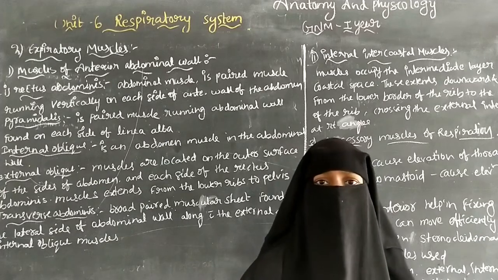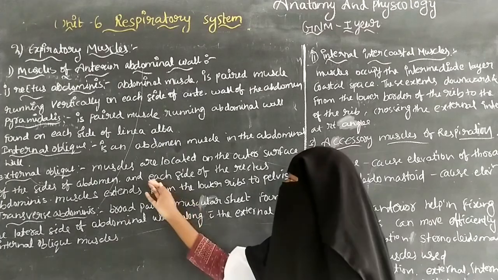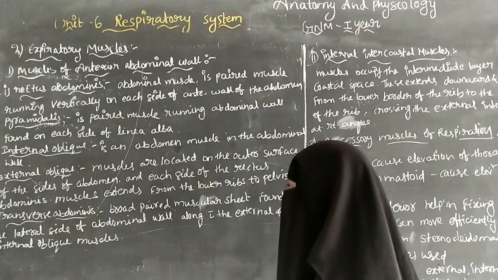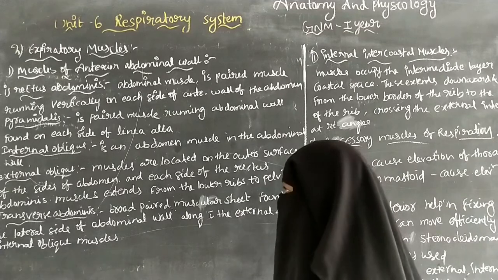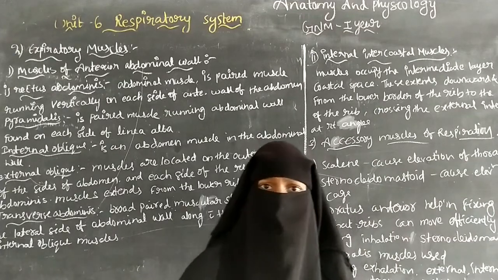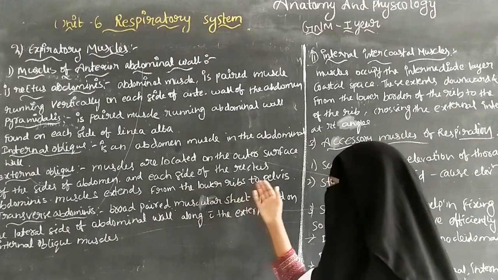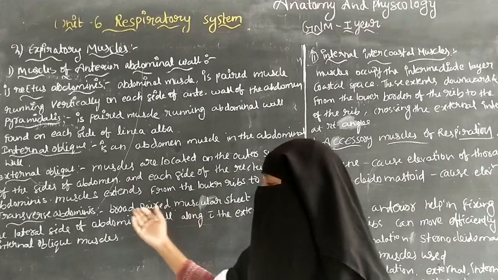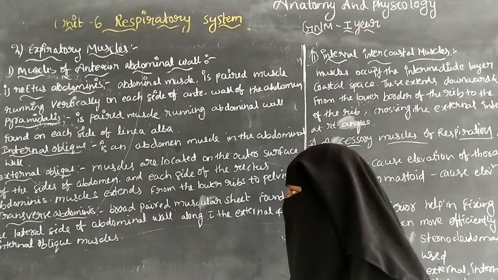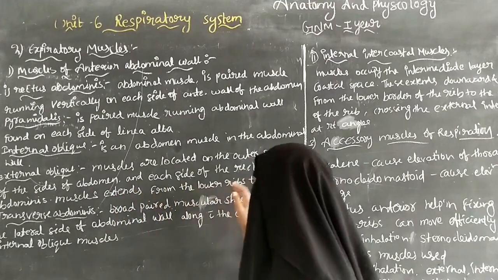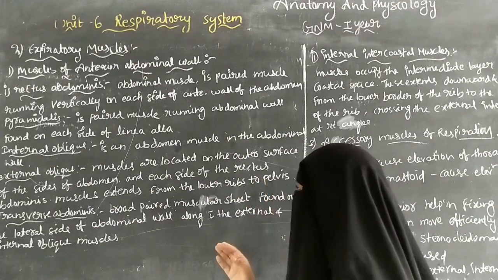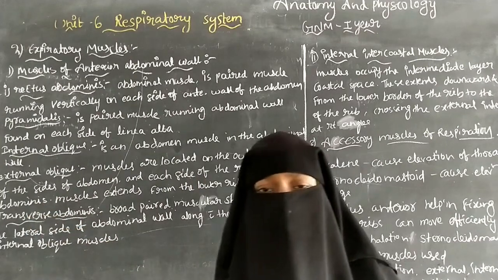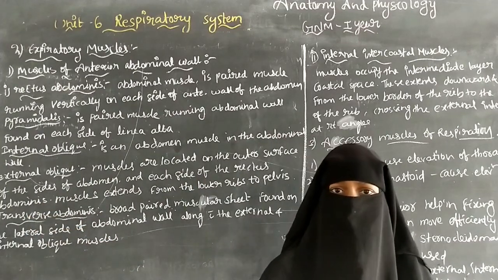They are situated on each side of the rectus abdominis, and the muscles extend from the lower ribs to the pelvis.